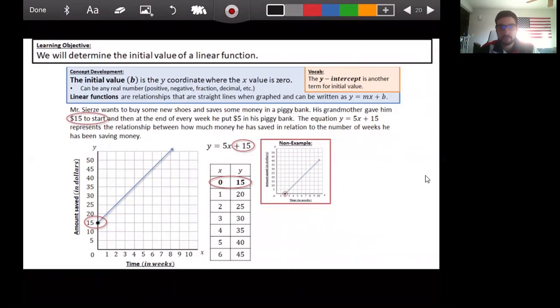Because it's starting at 15, time is still 0, which is my x, so it'll go on 15 on our y-axis. It's not when it crosses the x-axis, it's always when it crosses the y-axis. So that 15 on the y-axis is where we go for our initial value.